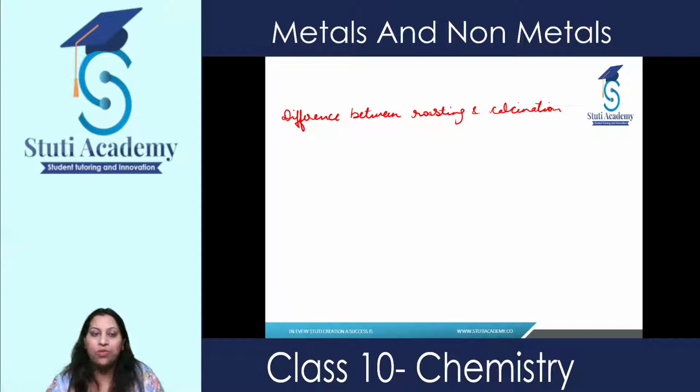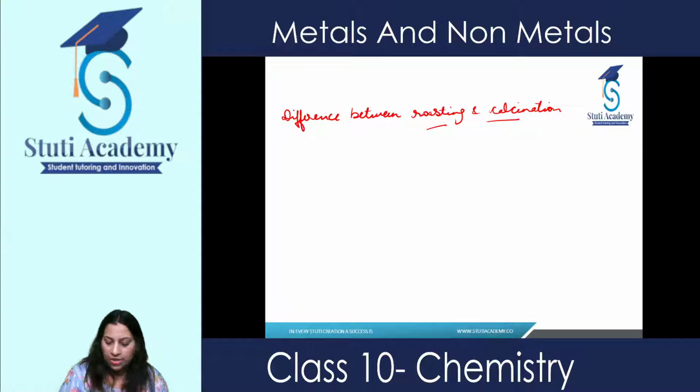Just write down the answer in the comment section: how they are different from each other and what kind of ores are involved in these two processes, roasting and calcination. If you know the answer, write your answer in the comment section. So these are the questions from the exam point of view.